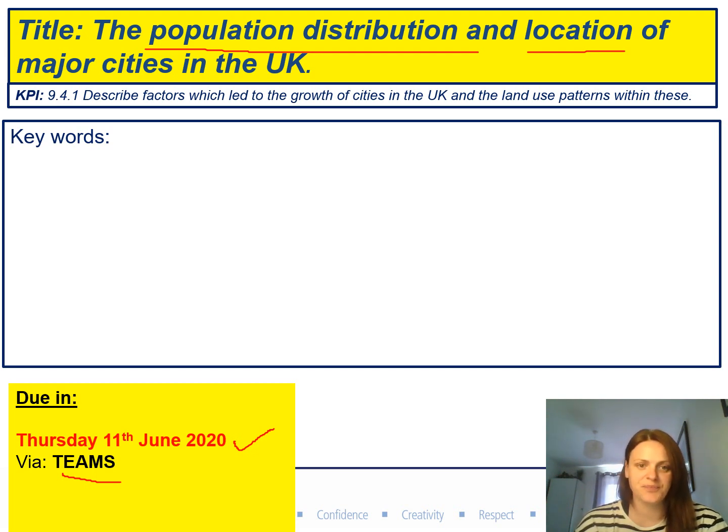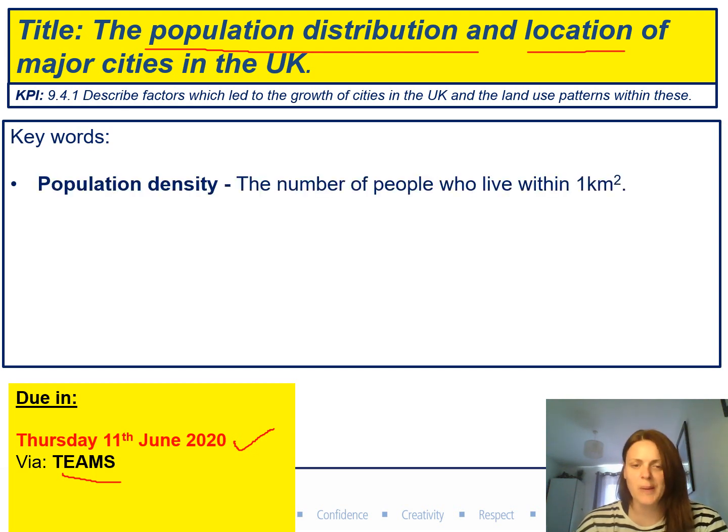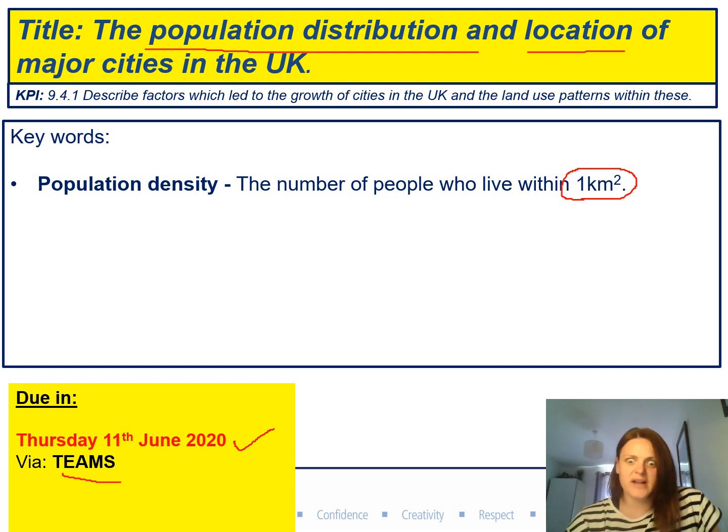Key terms for this lesson. If you write these down as we go, guys. Population density. This term refers to the amount of people who live in 1 square kilometre. So it could be lots of people living in that area or very few, and we call that the density. So what is the population density of Lewisham?